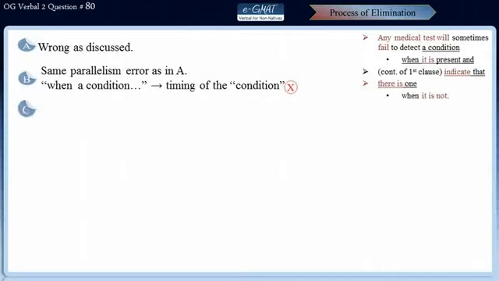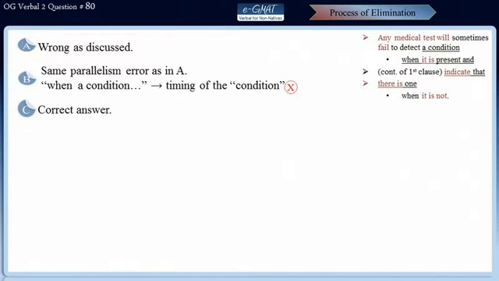Let's take a look at choice C now. Well, choice C is the correct answer because now the way the condition is stated in the later portion of the sentence, it correctly refers to condition, and now the two elements before and after when are parallel to each other. So choice C takes care of the parallelism issue in this sentence and hence is the correct answer.